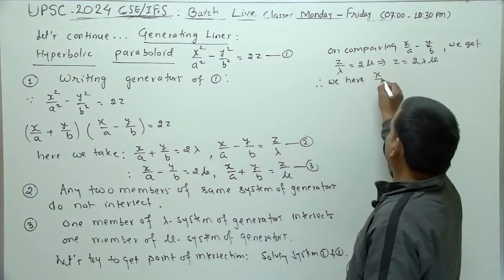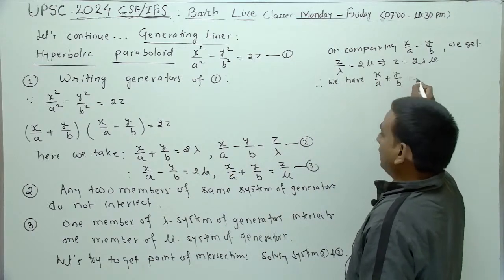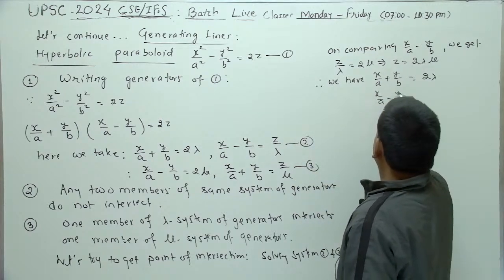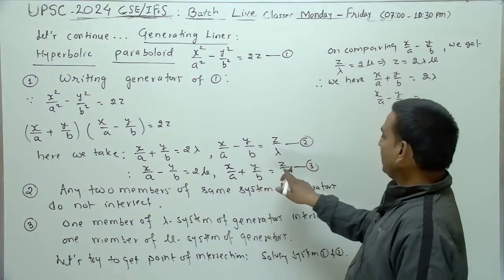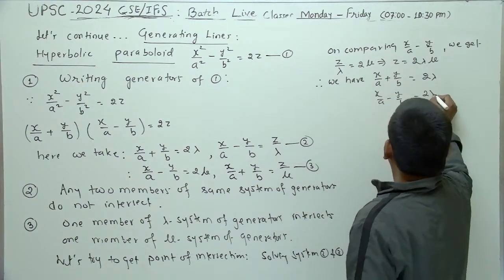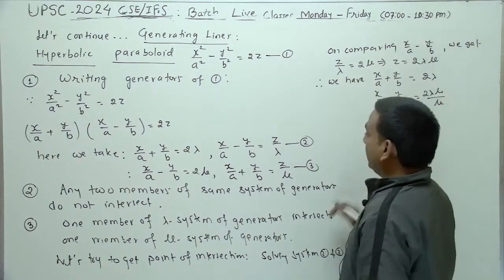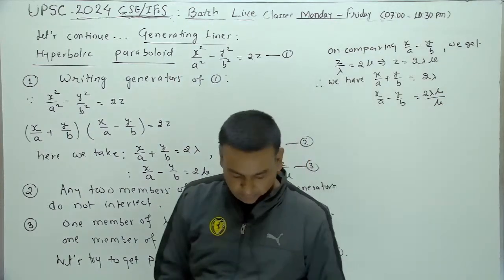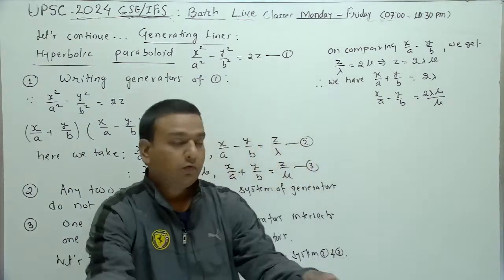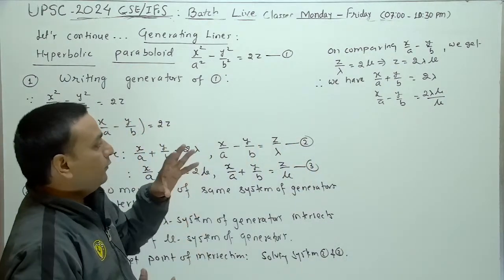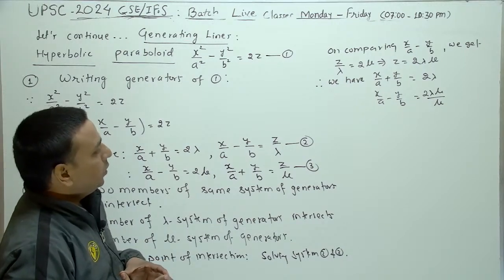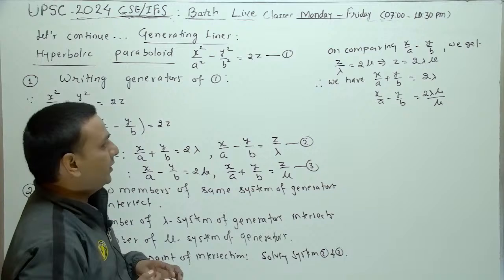So we have x upon a plus y upon b equals 2 lambda, x upon a minus y upon b equals z upon mu, which means 2 lambda mu divided by mu, right or not? If you add those, mu gets cancelled, 4 lambda here.